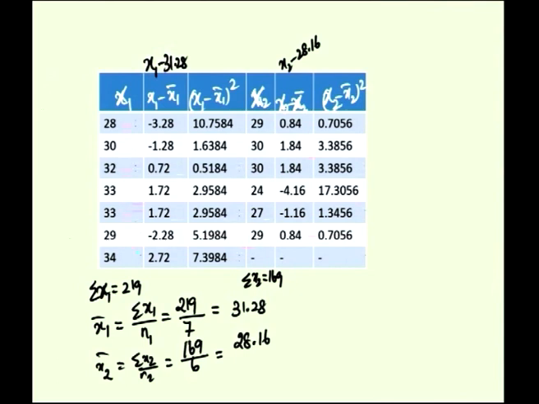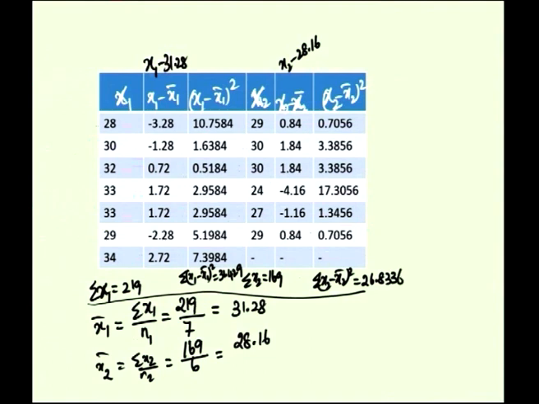Okay. And the summation here comes to be equal to, summation x1 minus x1 bar whole square is equal to 31.429, and similarly this value is x2 minus x2 bar whole square, this summation value is equal to 26.8336.